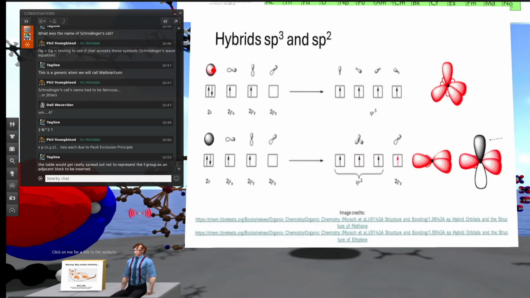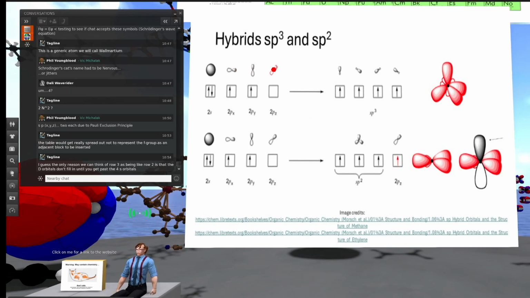If we take our different shapes and decide to mix them, because that's allowed in all of the math, we would get 4 new shapes, each with a big lobe and a small lobe, that point in different directions. And they actually point in the directions of a tetrahedron.